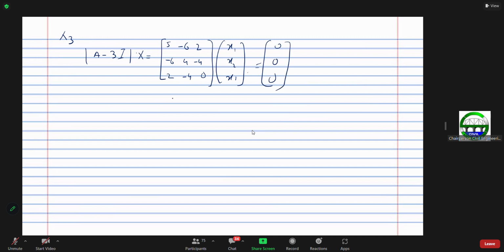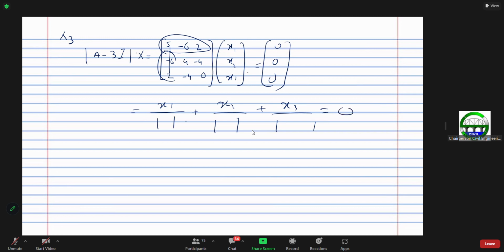And then similarly, x1 will be, just hide this one and get the determinant in here, plus the determinant for x2 in here, plus x3 in here, and then equals to 0.